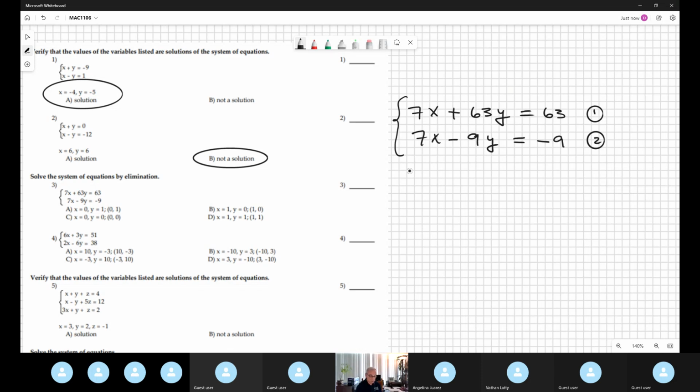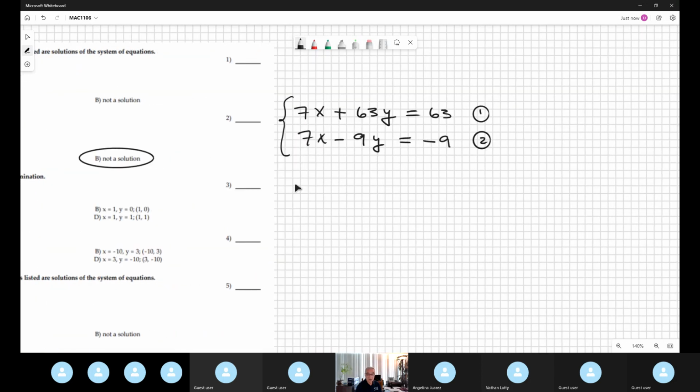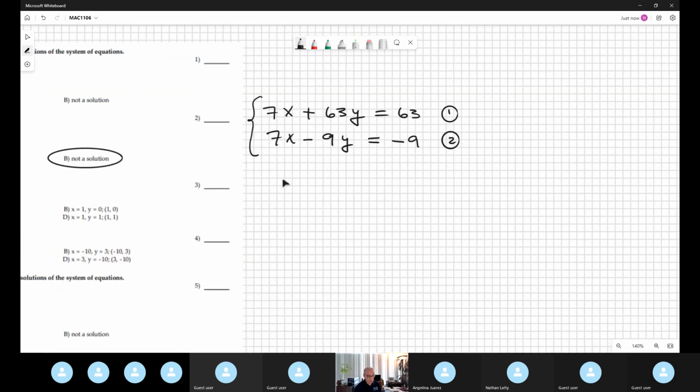There are many ways to do this. I recommend, for example, in my paper, I did this job. There are no infinite ways, but there are several alternatives. You use your imagination and your common sense. However, in my paper, I need to make a decision. I multiply equation 2 by negative 1.